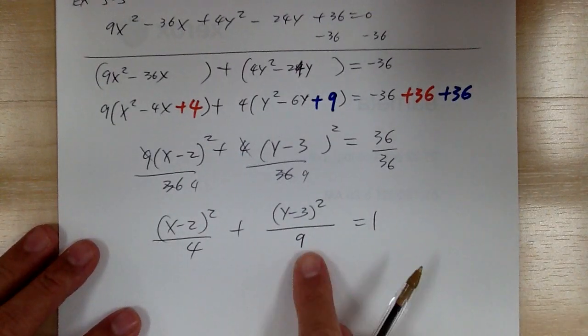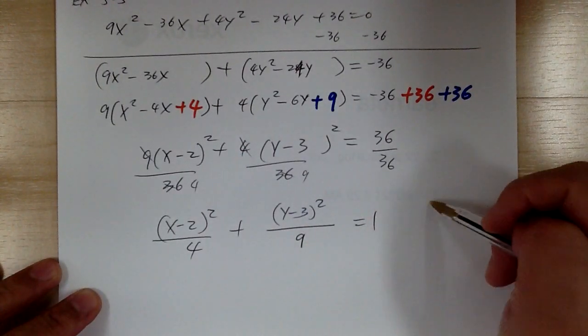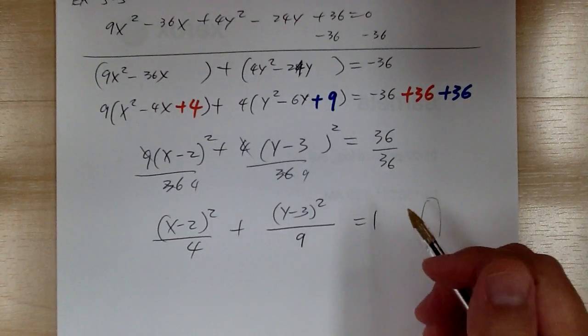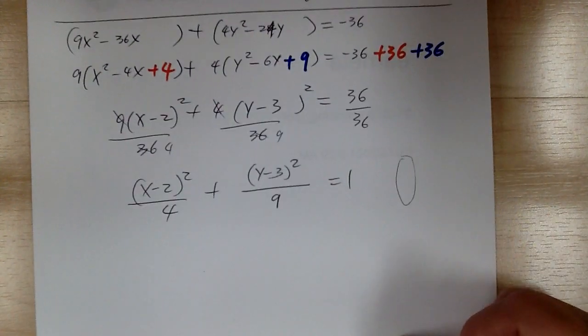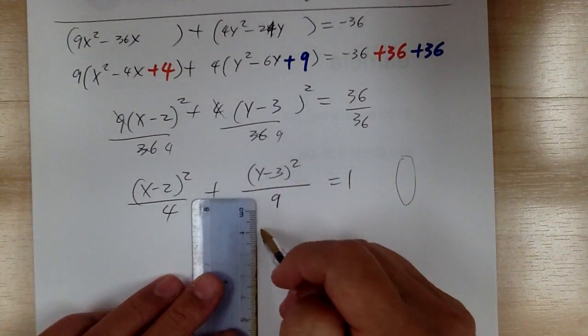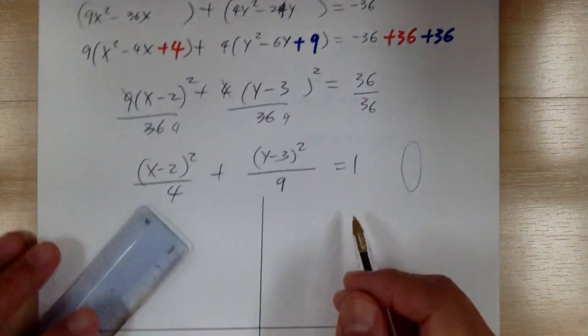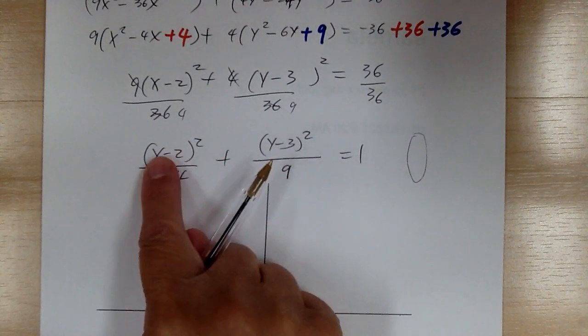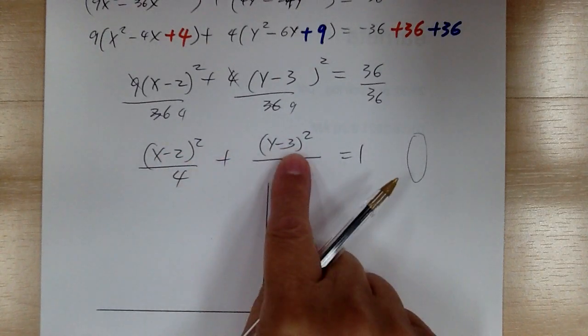Since this number is bigger, you know that the ellipse is going to be in the y direction. So let's sketch these things out. First you have to get your center. From the equation you can see that it's going to be at 2, 3.